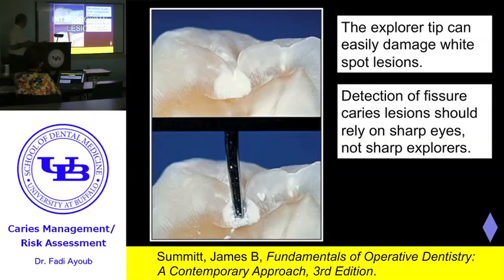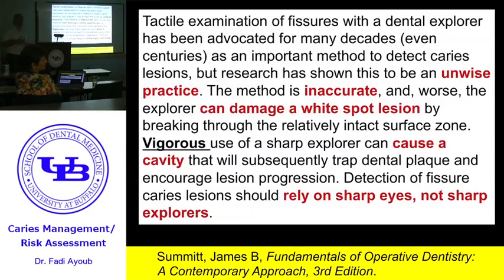I've got to ask, the attrition of mastication is not going to do the same thing as a sharp explorer on the occlusal surface? If you're that concerned about that, well, I think the point of the diagnostic criteria being visual is significant.